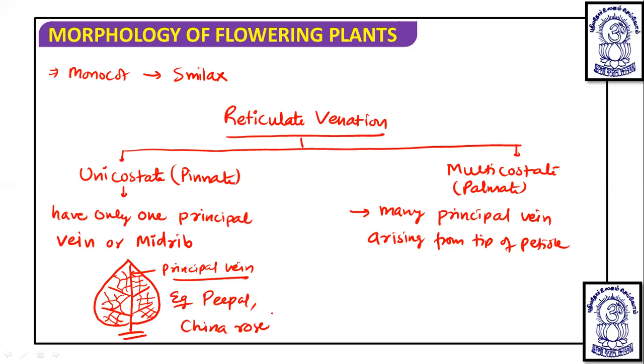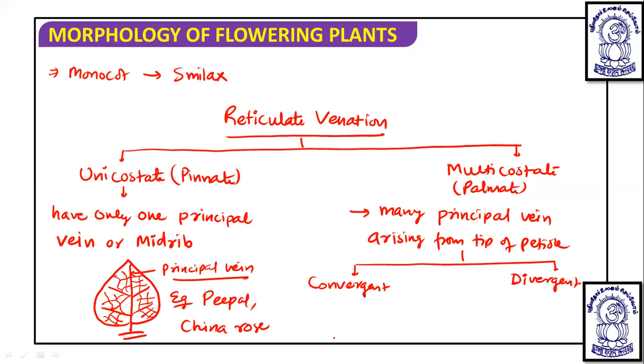Now, apart from this, in multicostate, multiple principal veins arise from the tip of the petiole, and multicostate is of two types: convergent and divergent.